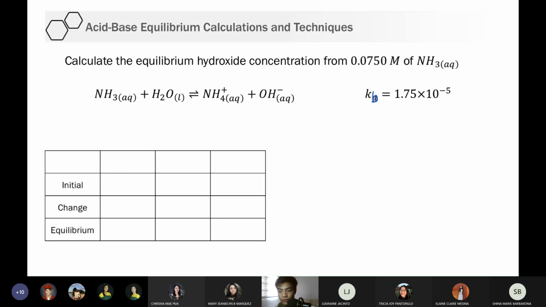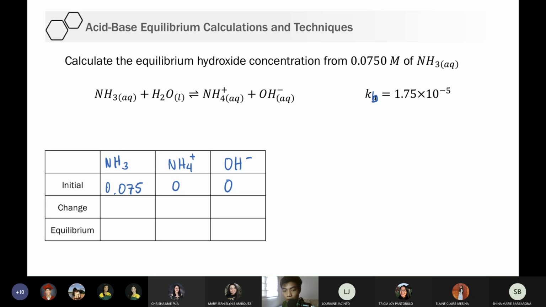Ano gagawin natin? You construct the usual ice table. Construct natin lahat, pati yung Kb expression. Okay? So, sulat mo muna ito. Mag-proceed ka lang as is. Sabi sa problem, initial concentration of ammonia is 0.075. Then, wala for the products.